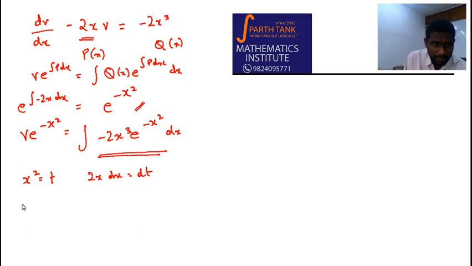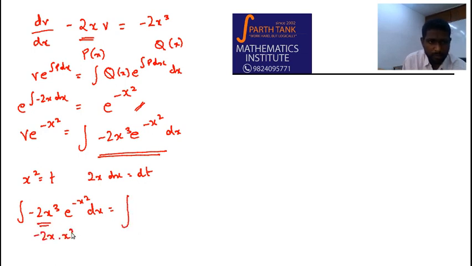So you see this integral minus 2x cube e power minus x squared dx can be written as, if I split this as minus 2x into x squared, okay, then 2x dx is nothing but this dt, and x squared is t, so it is t e power minus t dt with a minus sign.